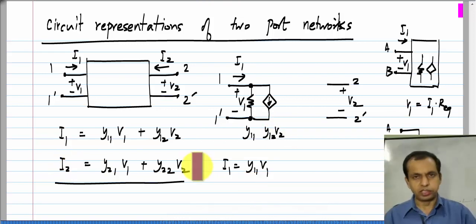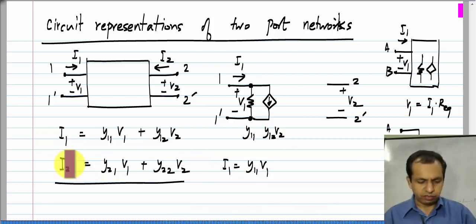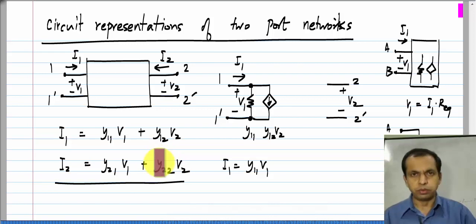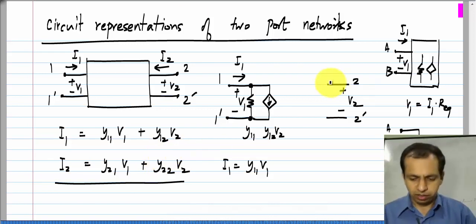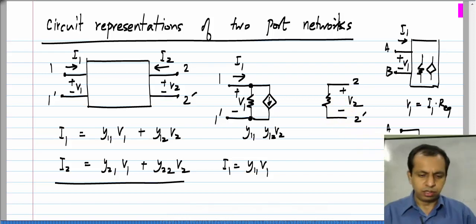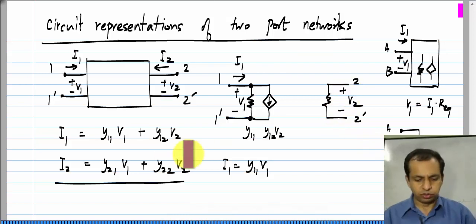Similarly, if you look at the second equation, we have I2 equals y22 times V2, that is one part of it, and that is the relationship between the voltage on port 2 and the current in port 2.